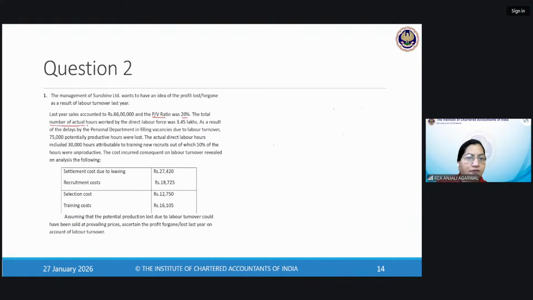The actual number of hours the workers worked by direct force was 3.45 lakh. So our important information is sales rupees 66 lakhs, PV ratio 20%, actual hours worked by the labor force 3.45 lakh hours.